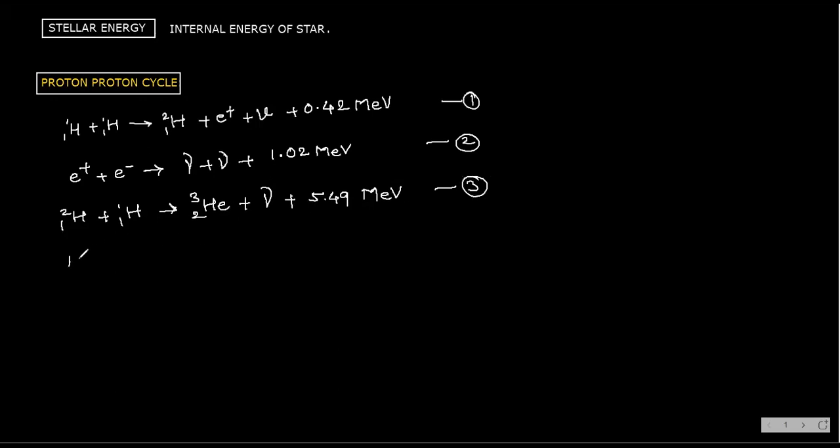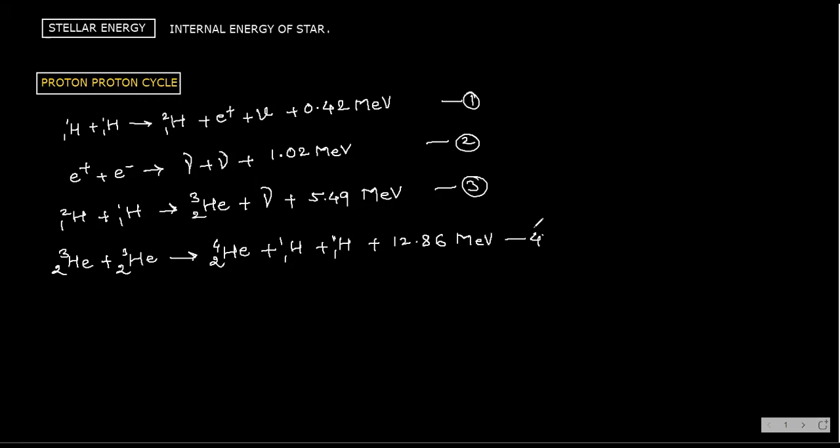Next one, again this helium isotope plus one more helium isotope gives helium plus two protons plus 12.86 mega electron volt energy. Call this equation number 4.